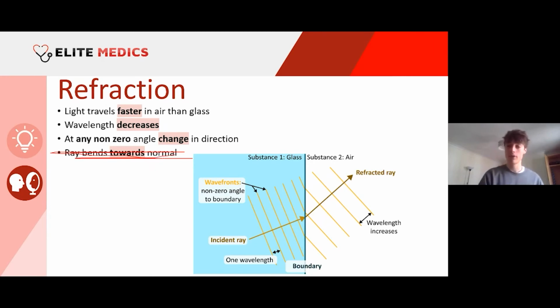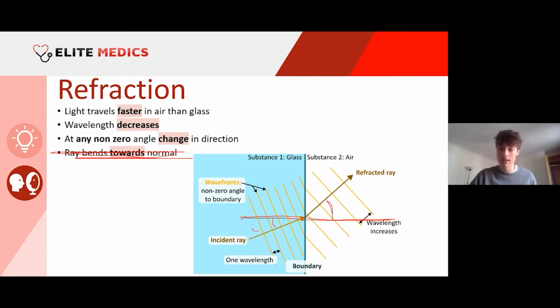Basically, if we draw the normal here. Sorry, I need to write with my mouse, which isn't the easiest thing. We go from a small angle of incidence to a bigger refracted angle.